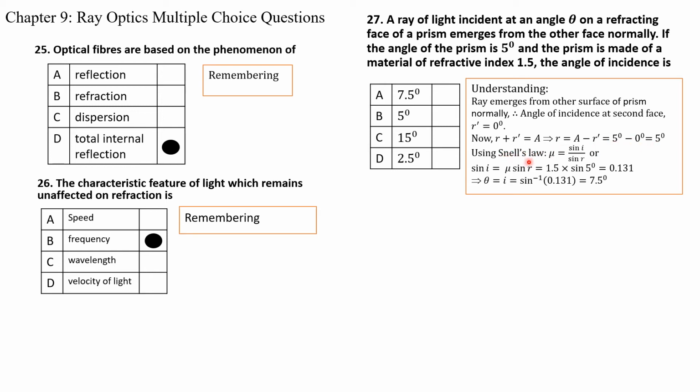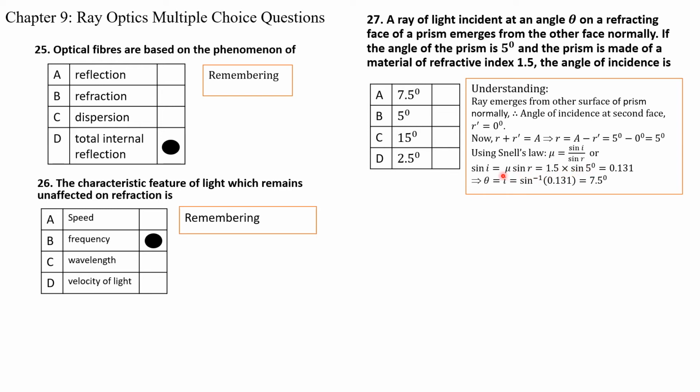Using Snell's law, which you have to remember, the refractive index mu is equal to sine of angle of incidence to sine of angle of refraction. Therefore mu is equal to sin i by sin r. So sin i is equal to mu into sin r, that is 1.5 into sin 5 degrees. You have to find out and note down sin 5 degrees.